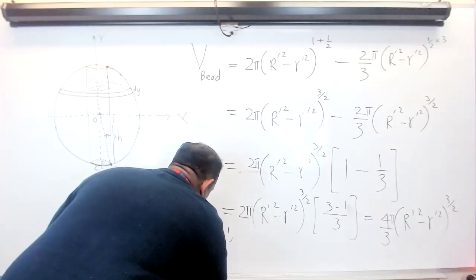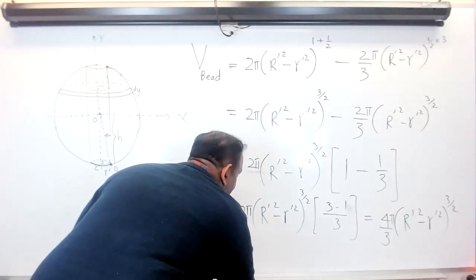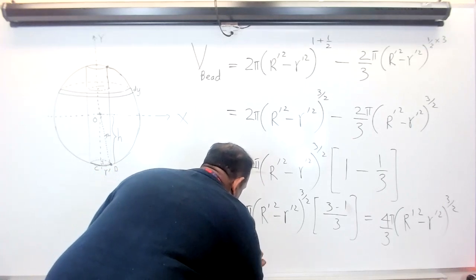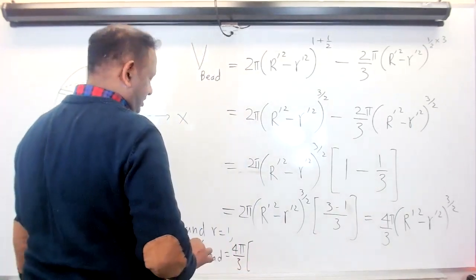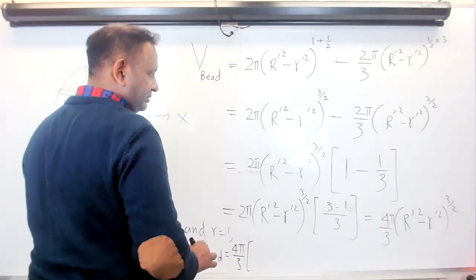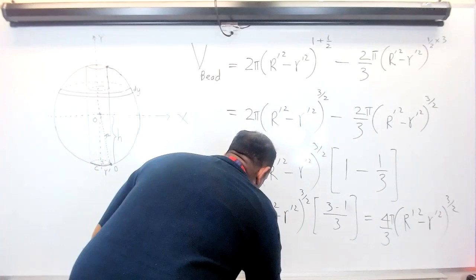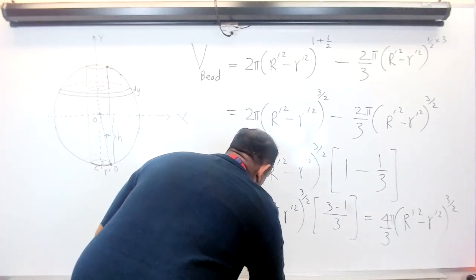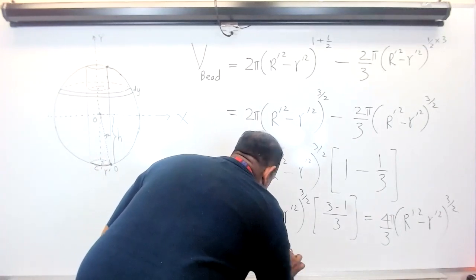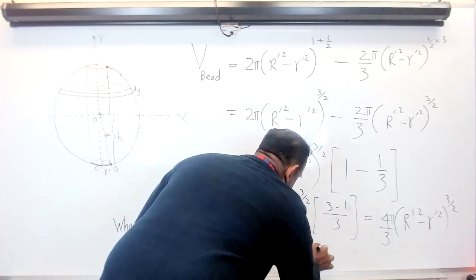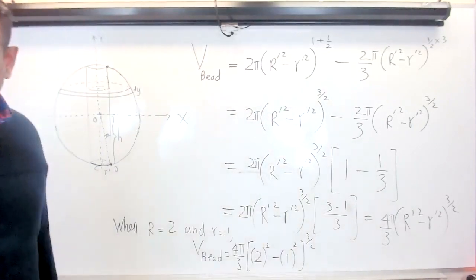V bead is nothing but 4 pi over 3, capital R prime squared, which is 2 to the second minus 1 to the second, 3/2.